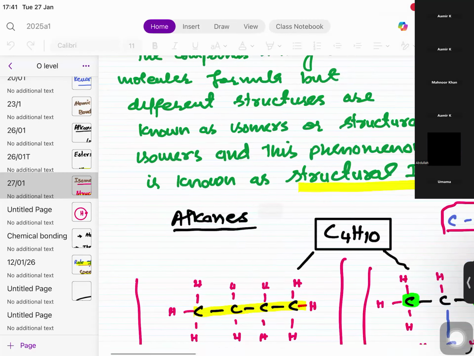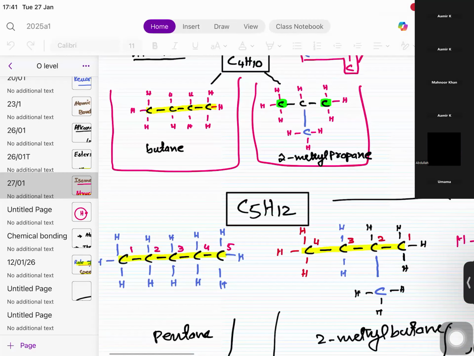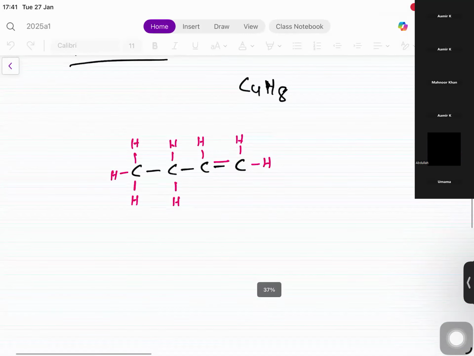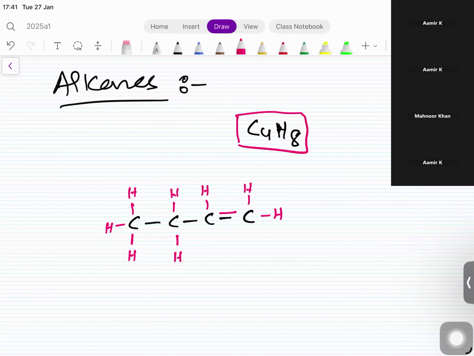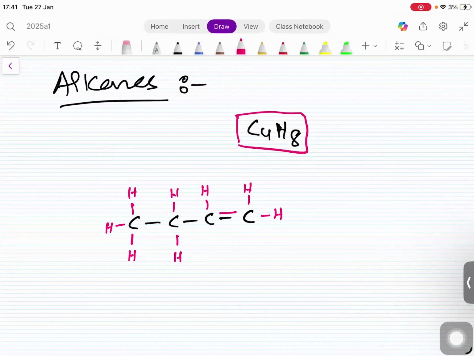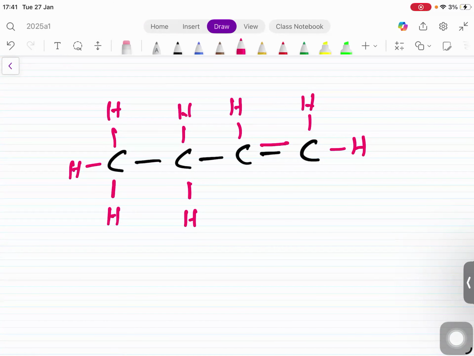Okay, fine, coming back. Sorry. This is what I was telling you. If this is an alkene, C4H8, here it is, an alkene, C4H8.